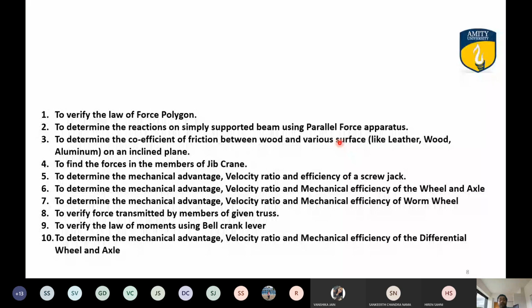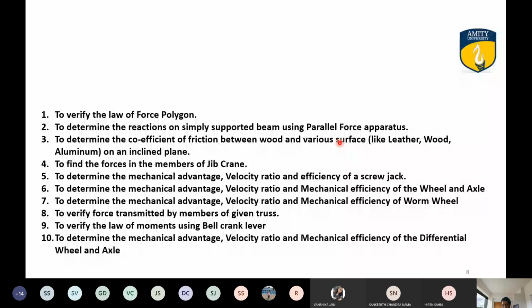After that you have to write the diagram. After the diagram you have to write the observation table. After the observation table you have to write the calculations, and finally the result. This you have to write on the left side of the practical file.